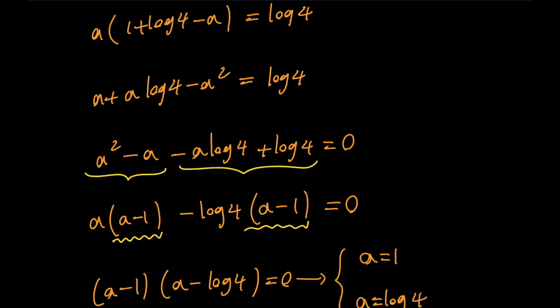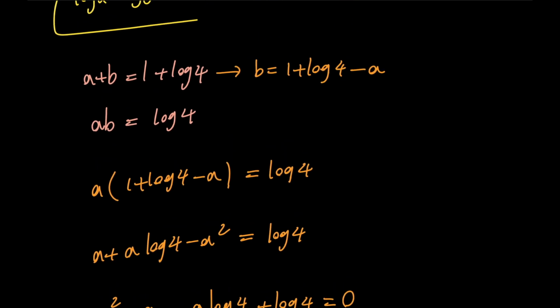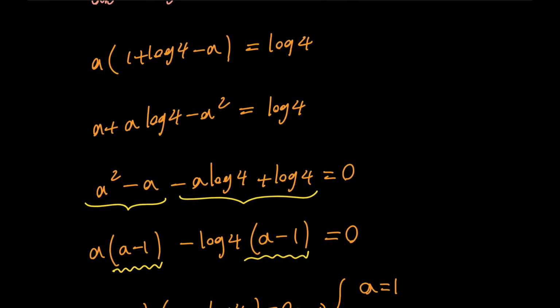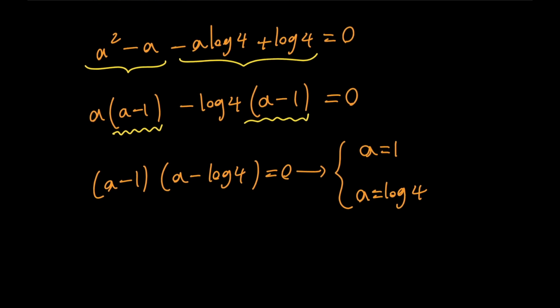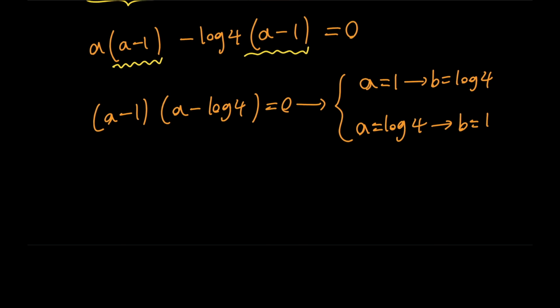Now remember that a plus b is 1 plus log 4. So if a is 1, we can say that b is log 4. And if a is log 4, b should be 1. Cool. Now remember that a is log x and b is log y.